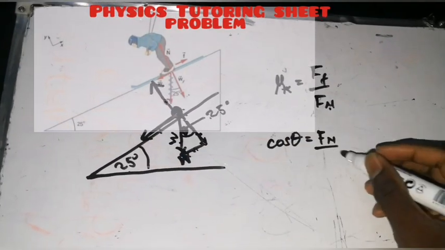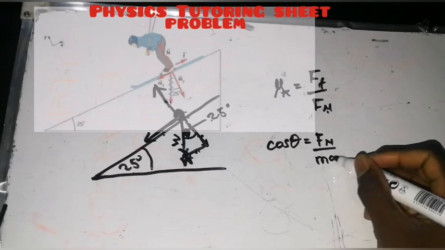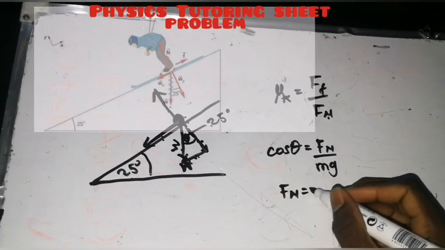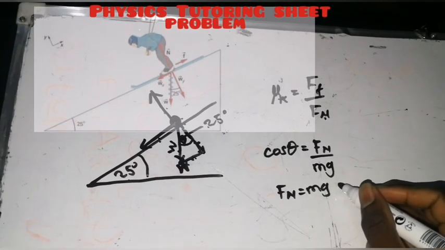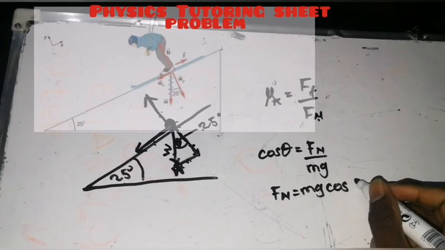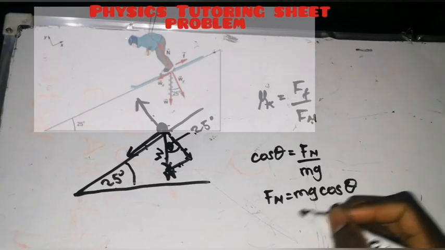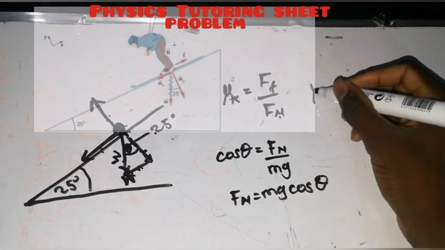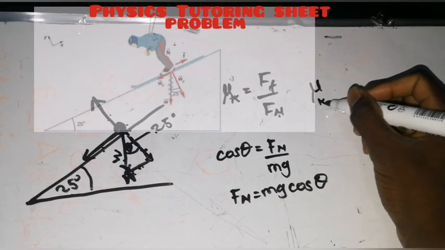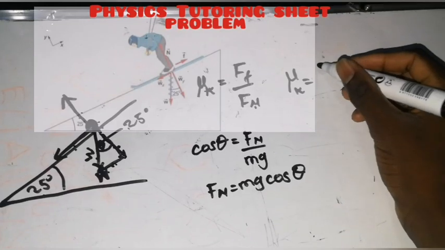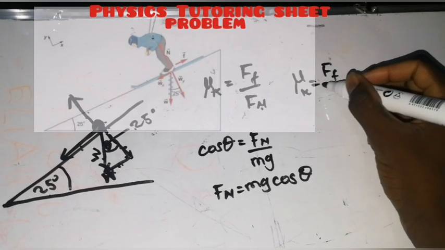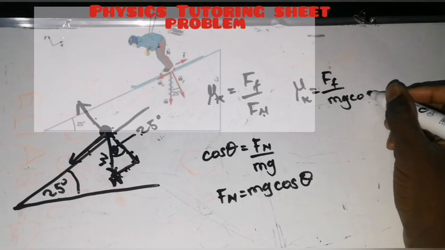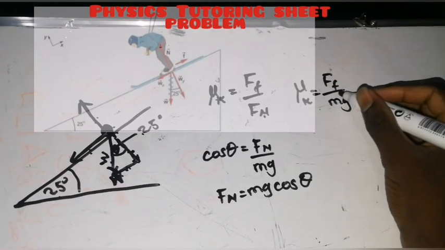So let's just break down the weight. Weight is equal to mass multiplied by gravitational acceleration. Therefore, the normal force is equal to mg cosine of theta. So now we can rewrite the formula for the coefficient of kinetic friction to be equal to the frictional force over mg cosine of theta.